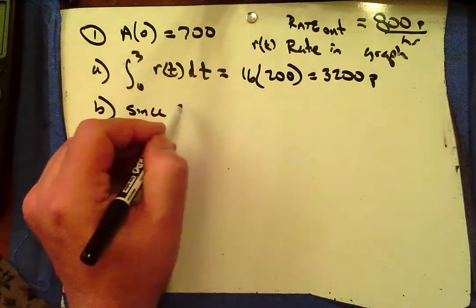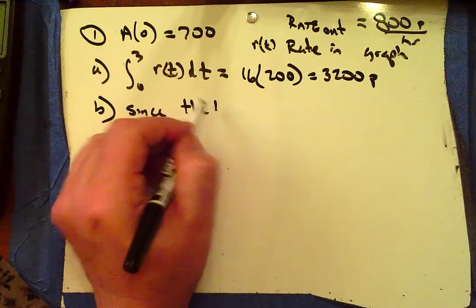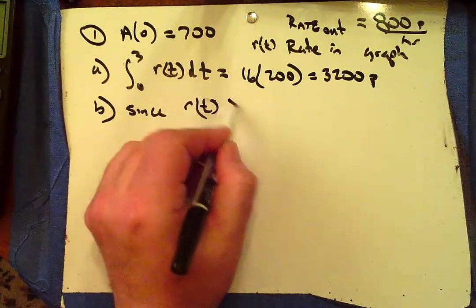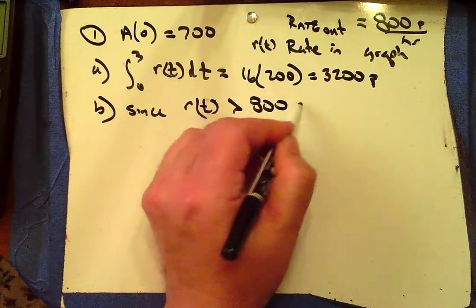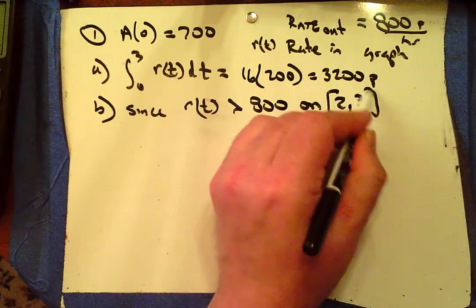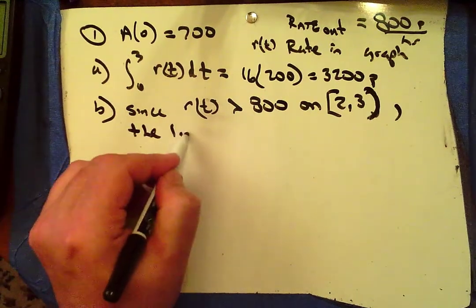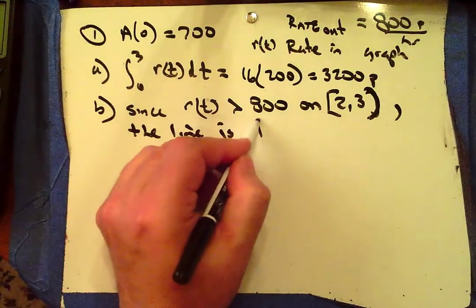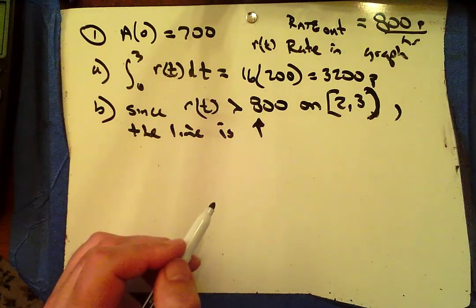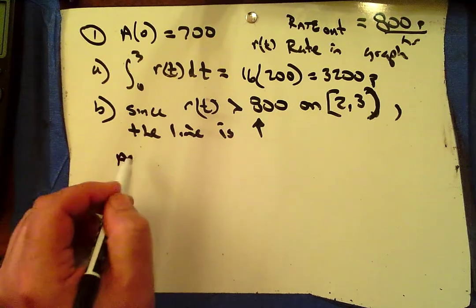And I would actually write those words. Since r of t is greater than 800 on 2 to 3, the line is increasing. Now, there's another less visual way of doing this, where you can build an amount function.